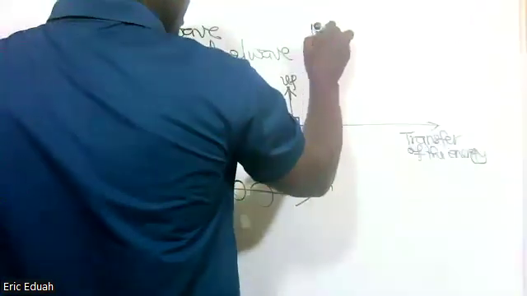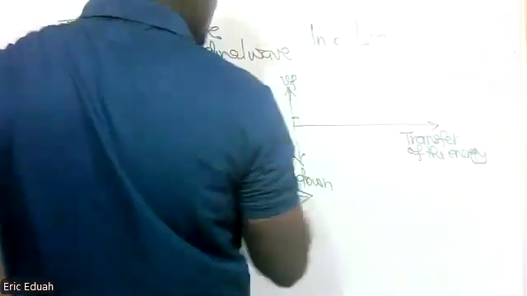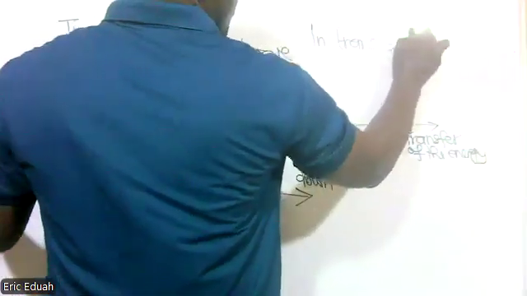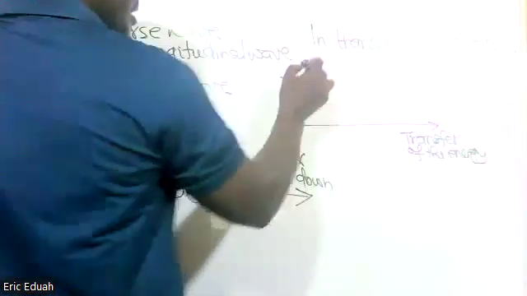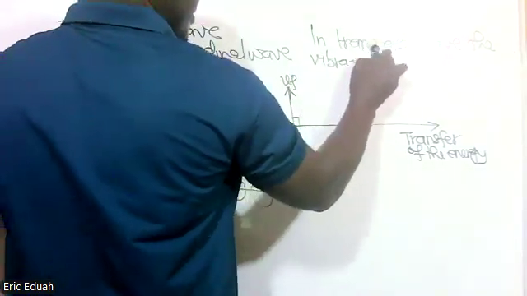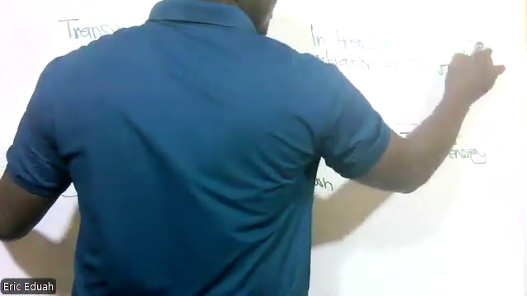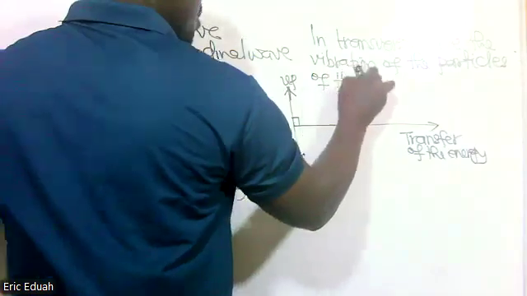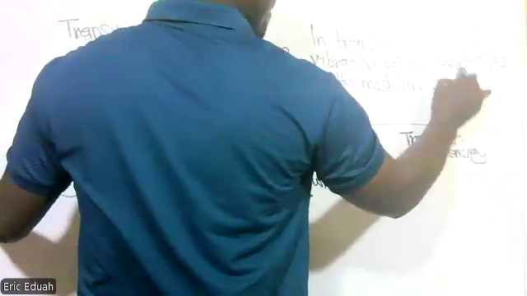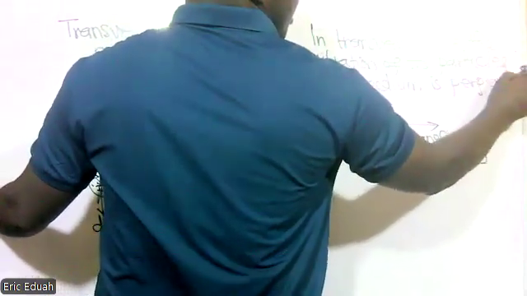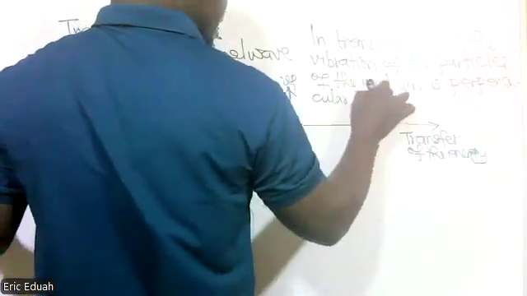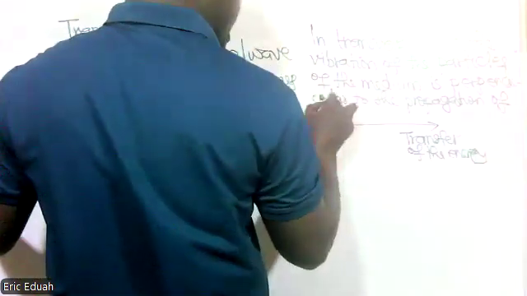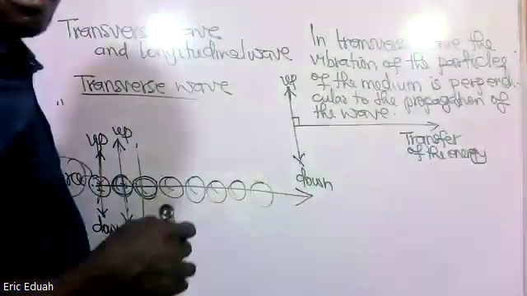So in a transverse wave, the vibration of the particles of the medium is perpendicular to the propagation of the wave. That is transverse wave.